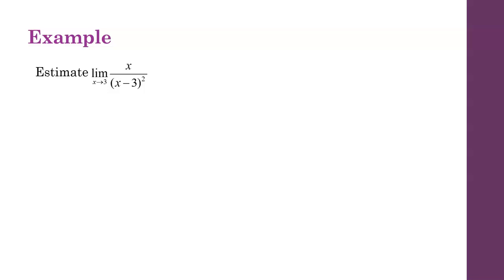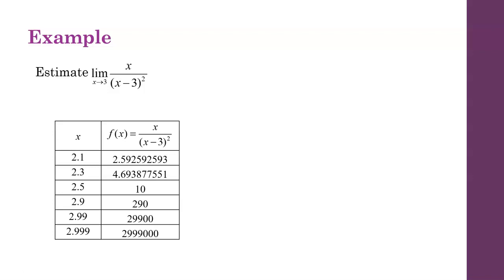What happens if I plug in numbers very, very close to 3? To start with, if I look at the chart, if I approach 3 from the left, by using numbers smaller than 3 but getting closer and closer, you'll notice that this function keeps getting larger and larger in its value.